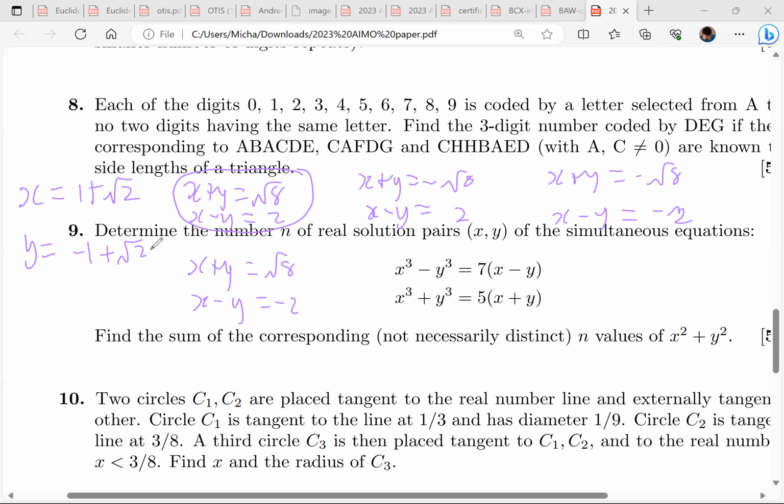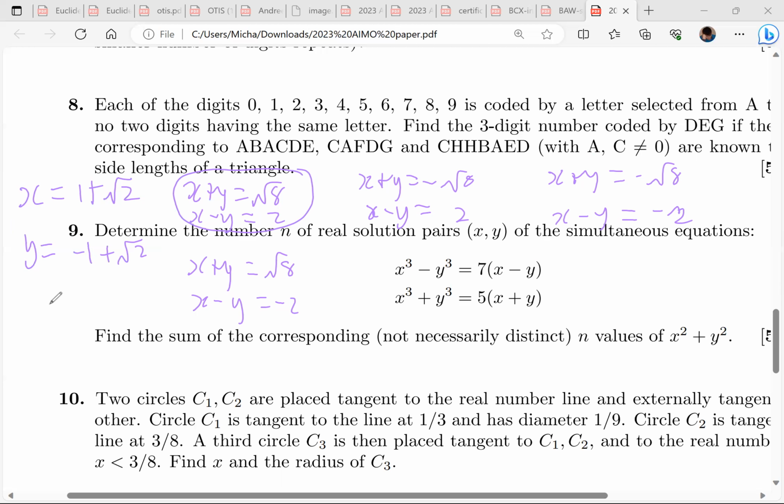Okay. And you might want to check that they are solutions. So for example, how do we do this? You don't actually have to go all the way to the cube if you're assuming x is not equal to y, right?